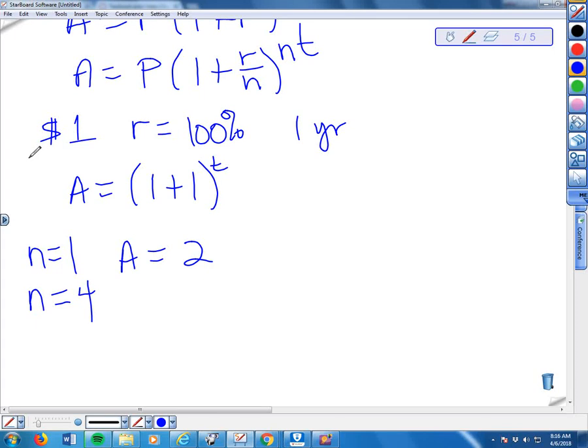So I'm going to wait until someone can give me a number of how much I'd have after a year if it's compounded quarterly. $16? So I'll put it into this equation. 1 plus, this time I have 1 over 4, right? Raised to the 4th.